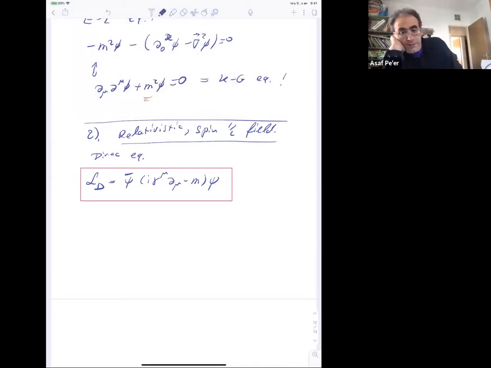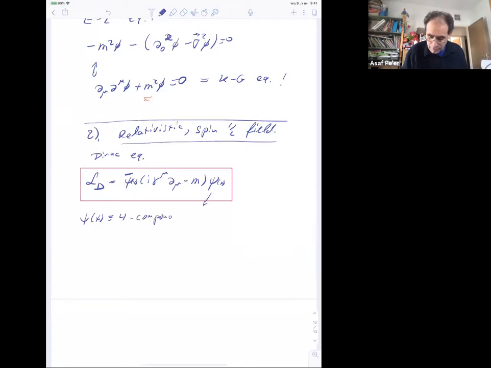So psi of x is a 4-component complex spinor, of course the same one that appears in the Dirac equation.